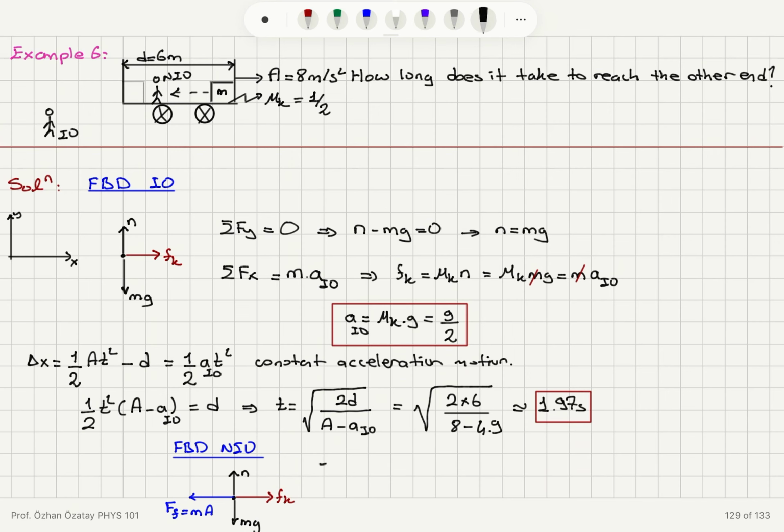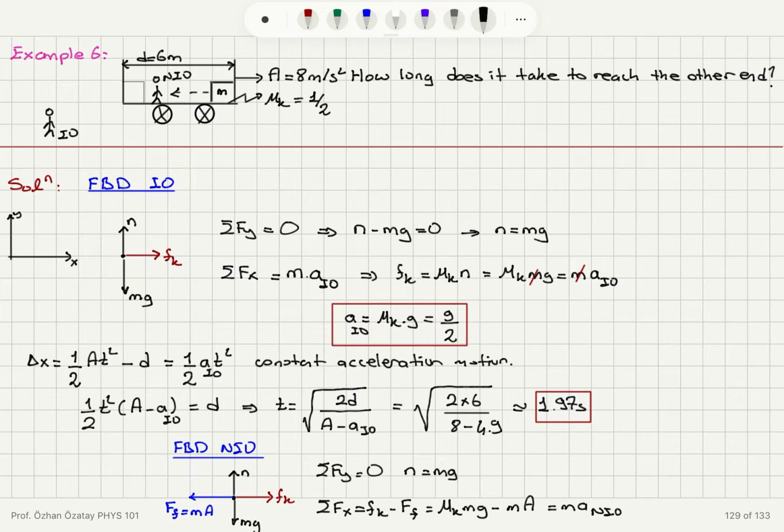Now, according to this observer, net force on the y-axis is again 0 because the object is not moving on the y-axis. According to this observer, the net force on the x-axis is the kinetic friction minus the fictitious force, which is mu k mg minus mA, the fictitious force. This is mass times the acceleration reported by the non-inertial observer. So what is this acceleration?